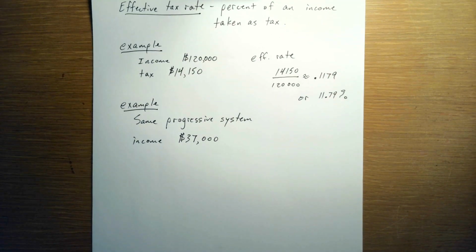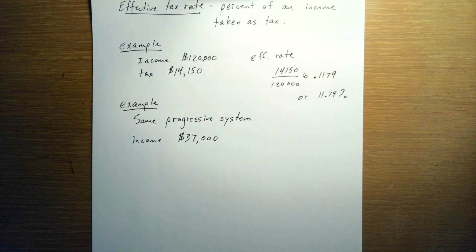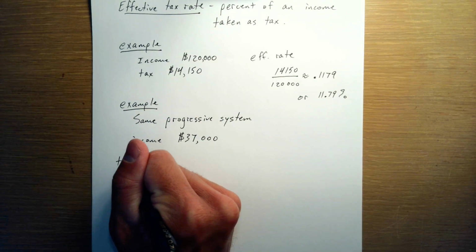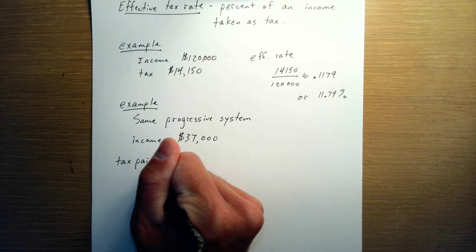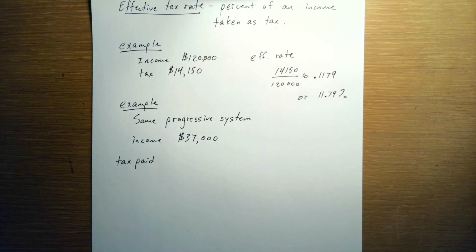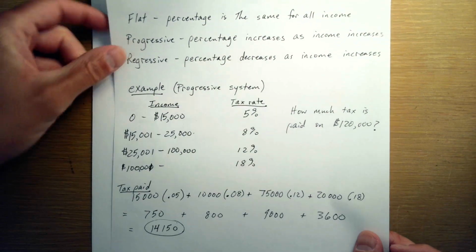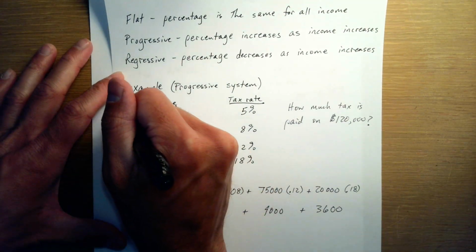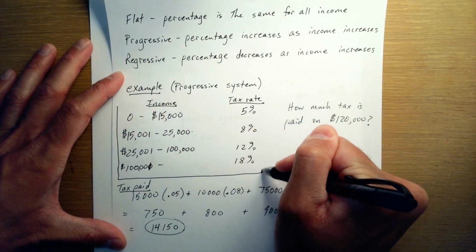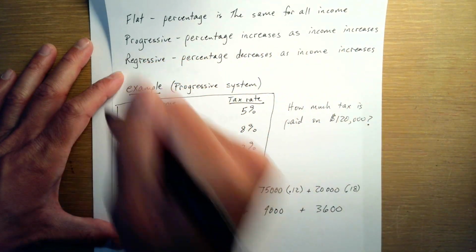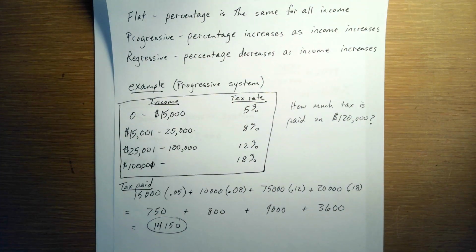So we'll ask the same question: how much tax do you have to pay, and then what's the effective rate? So the tax paid is, again, we apply our bracketed system. So back to this page, we're looking at this part. We have to figure out how much of this $37,000 falls within each category.